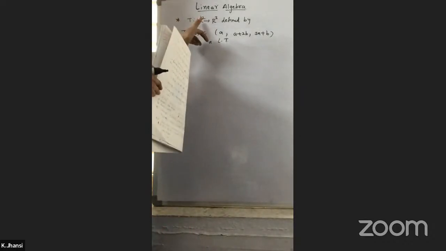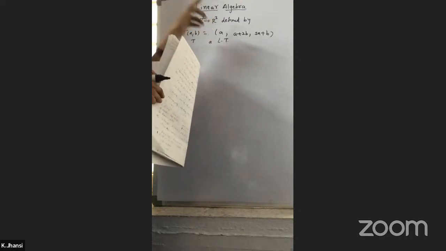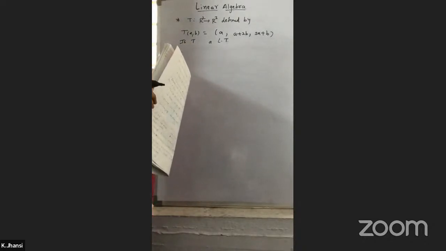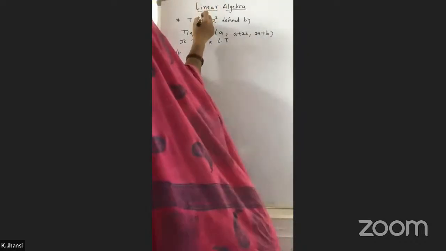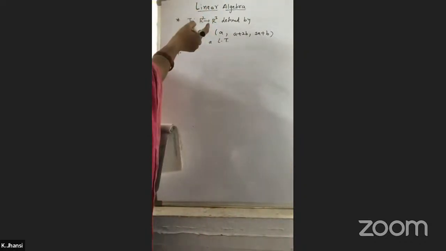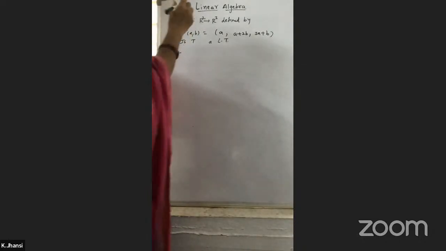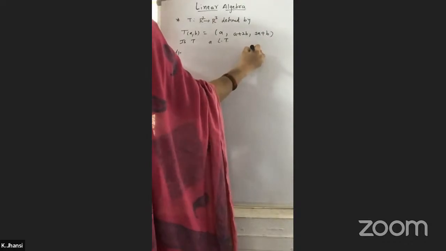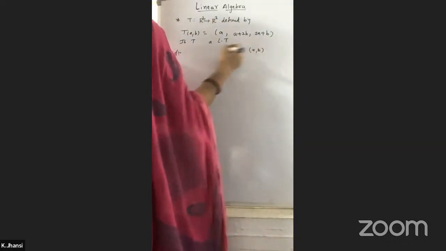So here, whatever the T is, it is mapping from R2 to R3. These R2 and R3 are the spaces whose elements form the basis. R2, or you can call it R square, but generally we call it R2. R2 means the elements will be in the form of two elements, a comma b.